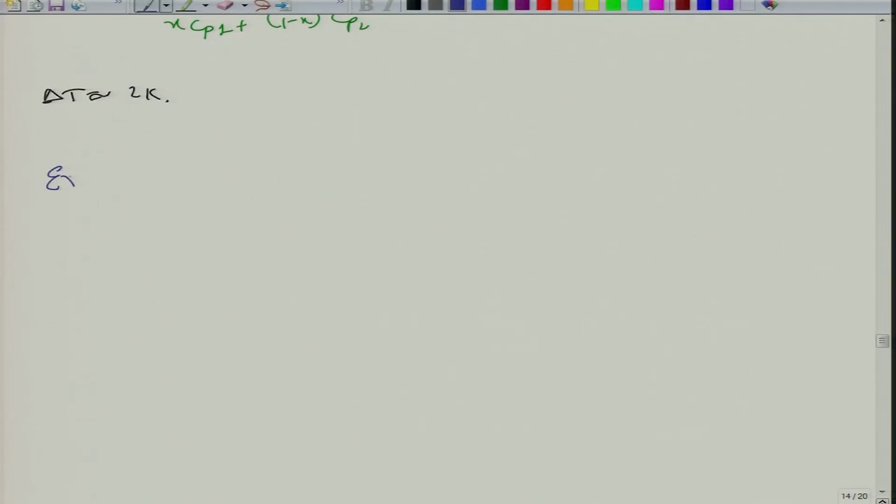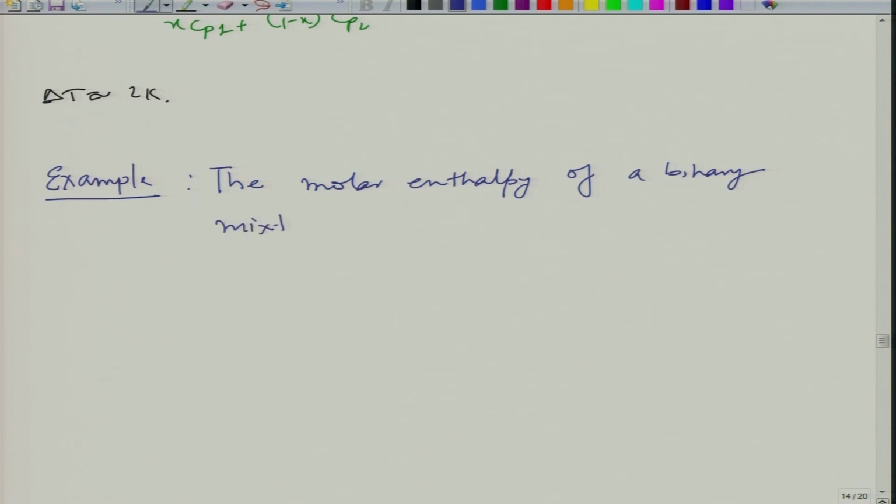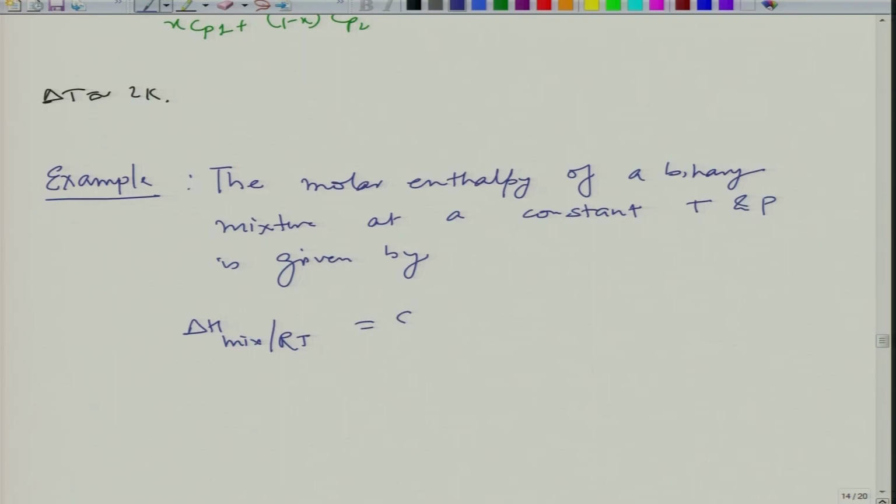Okay. So, again this is an example. Let us say that the molar enthalpy of a binary mixture at constant temperature and pressure is given by delta H mix equals C x1 x2.